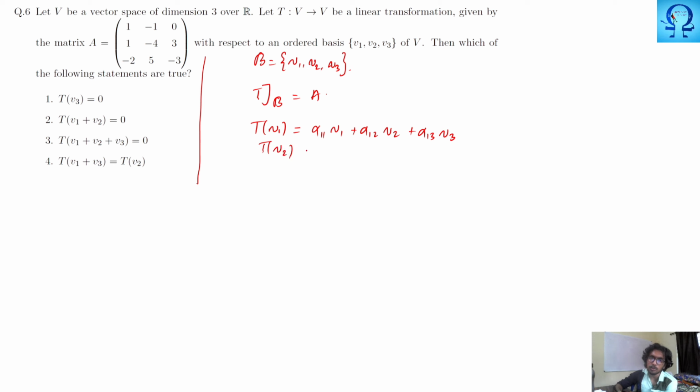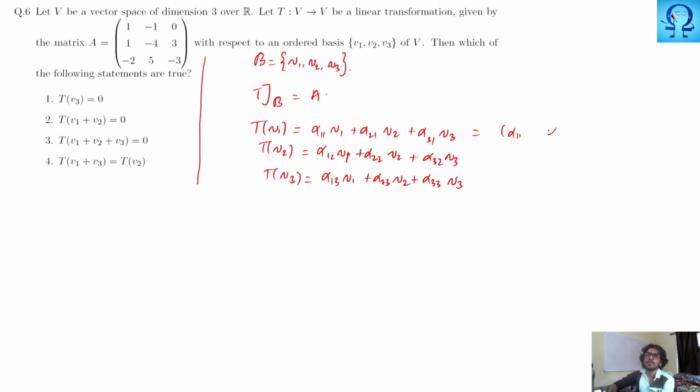Then T of v2 would be alpha 12 v1 plus alpha 22 v2 plus alpha 32 v3, and T of v3 would be alpha 13 v1 plus alpha 23 v2 plus alpha 33 v3. So this will contribute the first column of the matrix, isn't it?